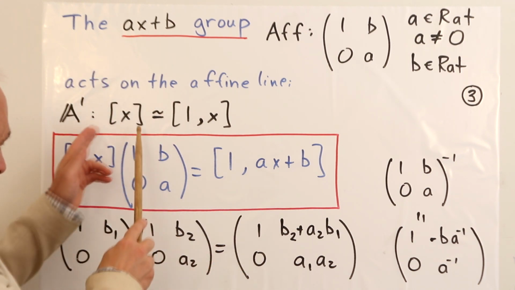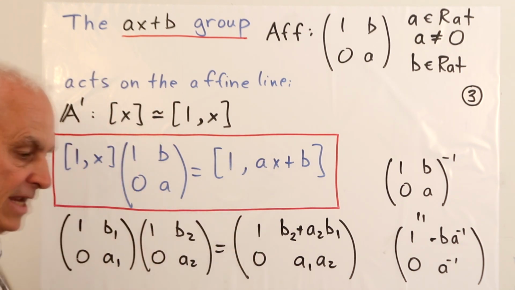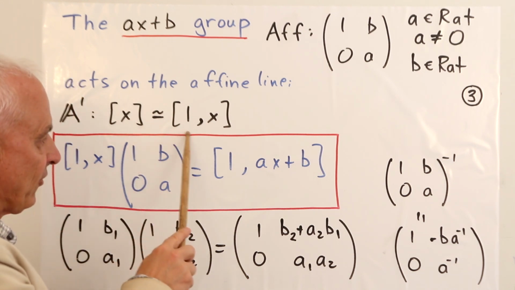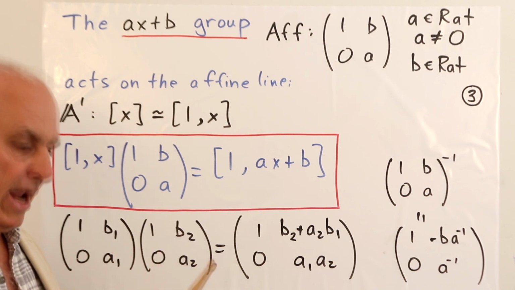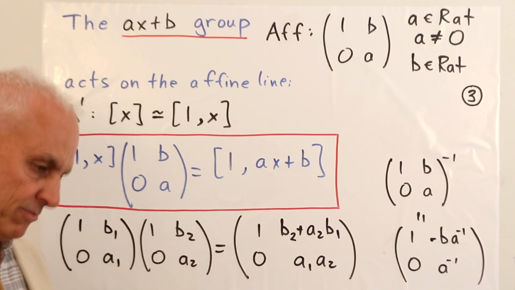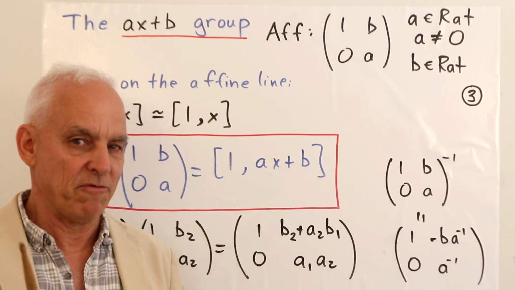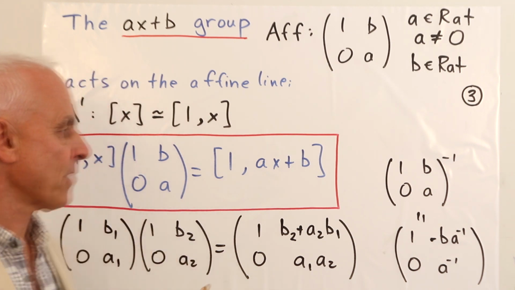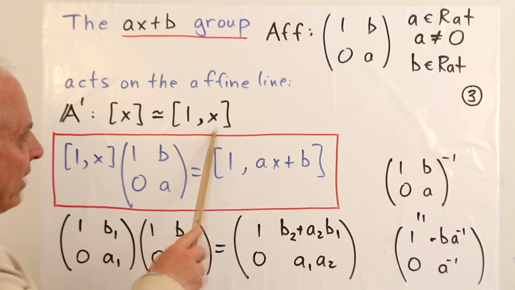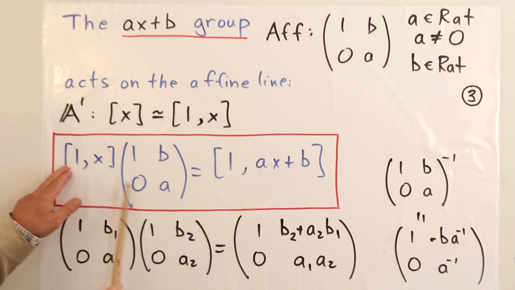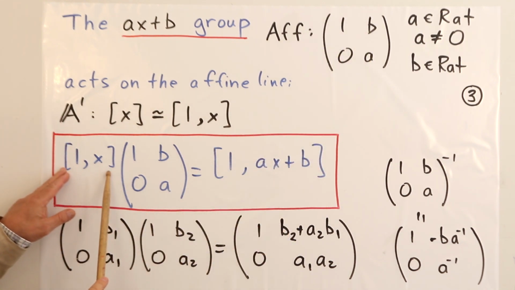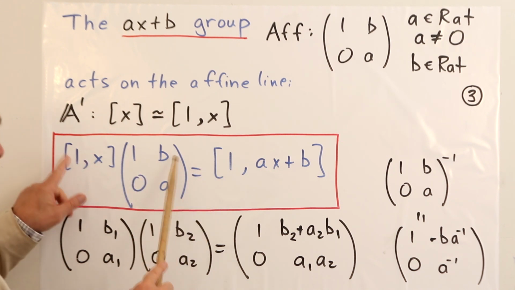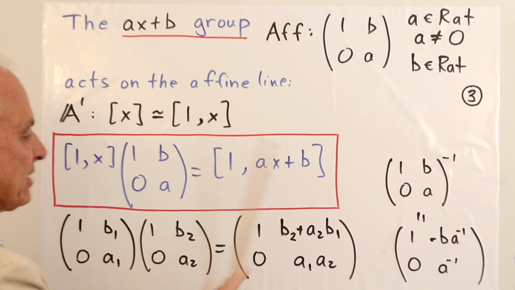So instead of thinking about a point on the line as a single coordinate x, we can think about that as being encoded by the pair (1, x). This is really taking a projective point of view, adopting projective coordinates in this setting. So the advantage is that this 2 by 2 matrix can then act on this, if we think of this as a row vector. So we do this product and we get 1 plus 0, that's 1, and b plus ax, which is ax plus b.